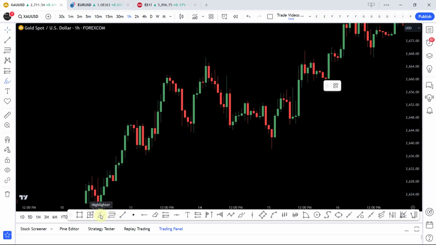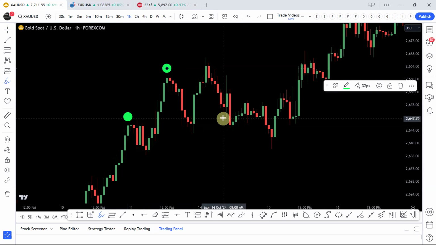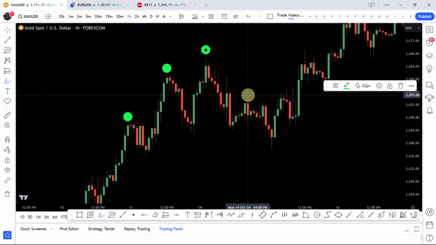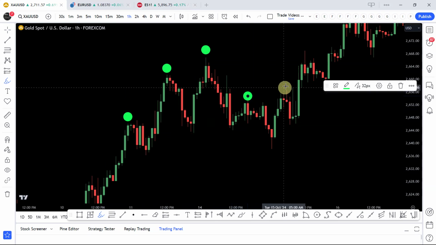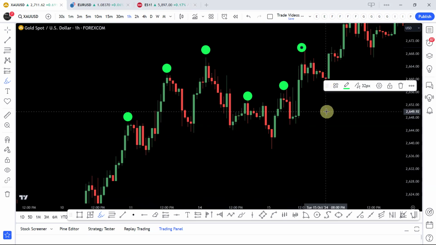If you ask me, yes, we can see the peaks. This is the highest point which the price makes before reversing its direction, and so are these. So yes, I see the potential highs there.